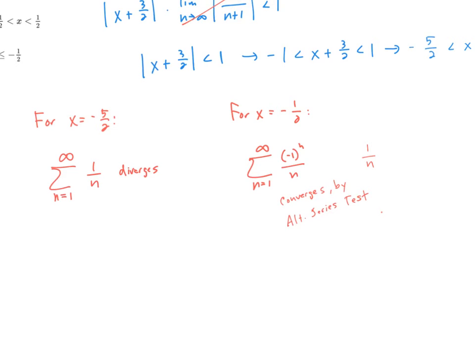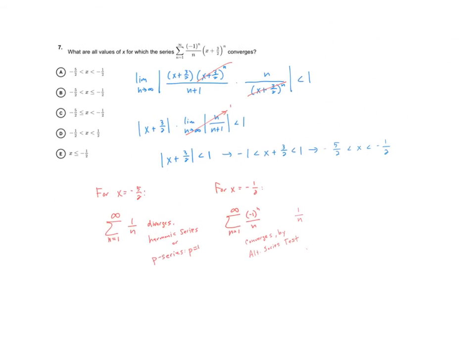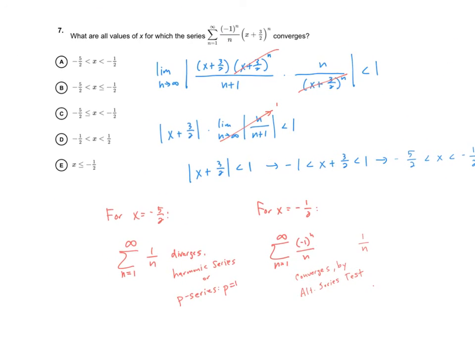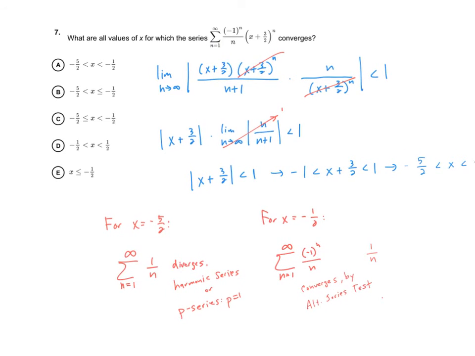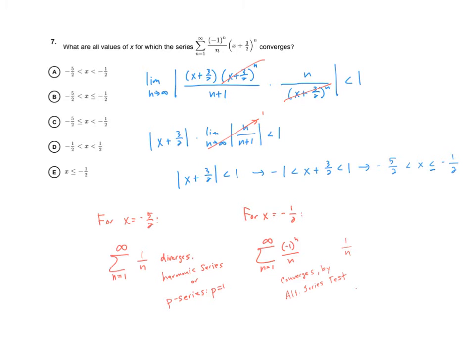The other one diverged, harmonic series, or p-series where p equals 1. So we know it does converge, so we include negative half over here. So that'll be the answer, which is B. Is that right? B? Yeah.